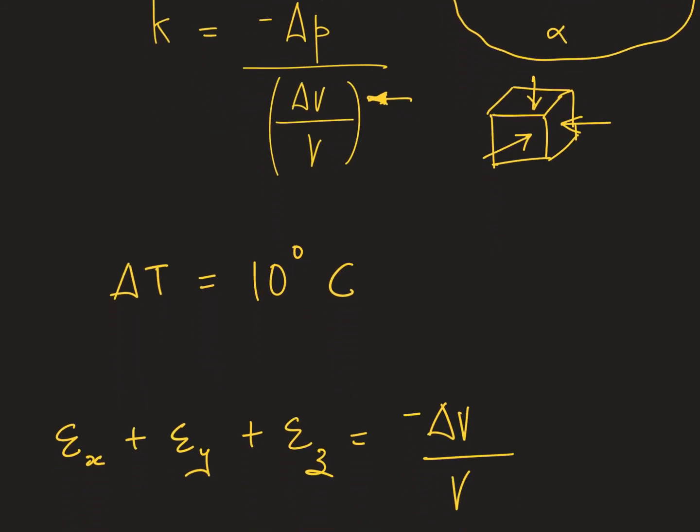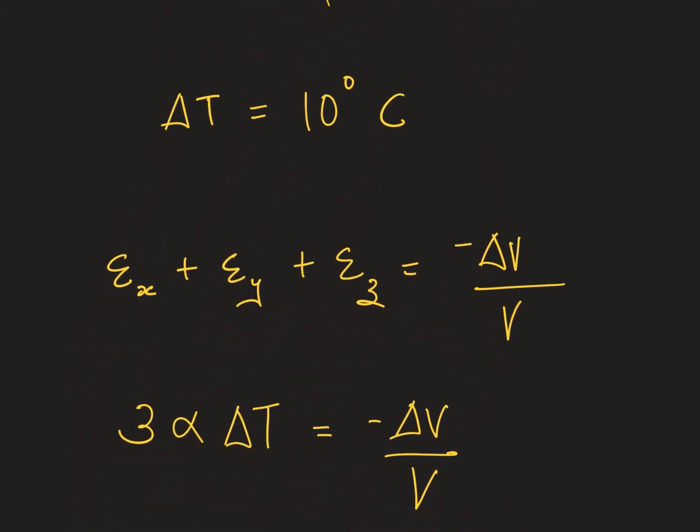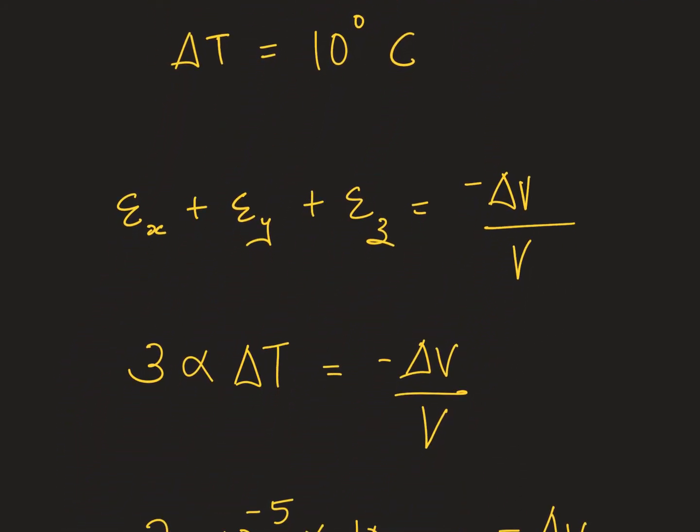So before we go ahead, the volumetric strain can be written as a summation of the longitudinal strains. This is fairly easy because we know, let's say the cube is having the same dimension in all directions.